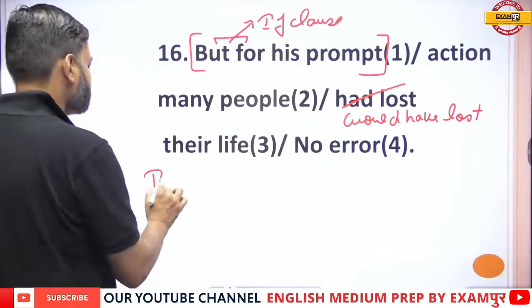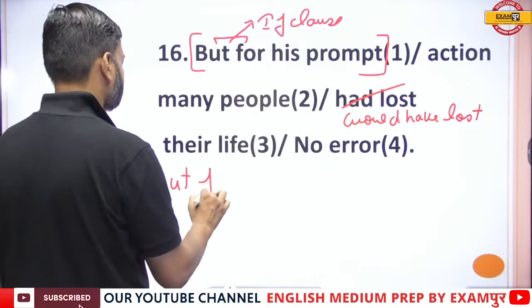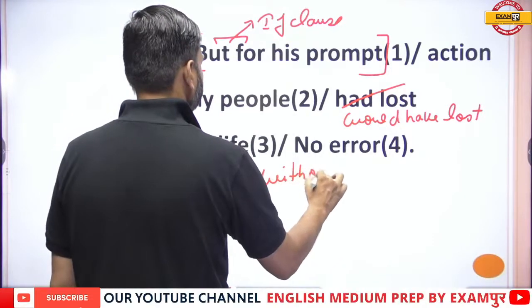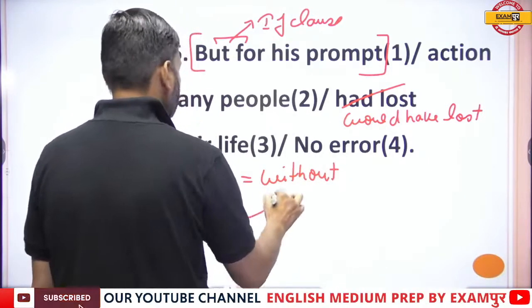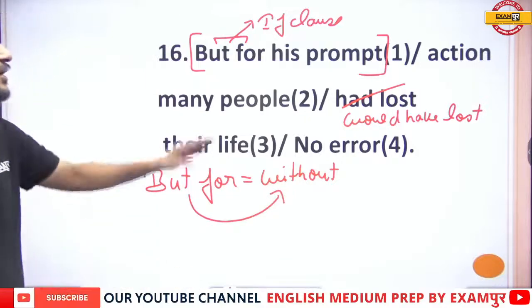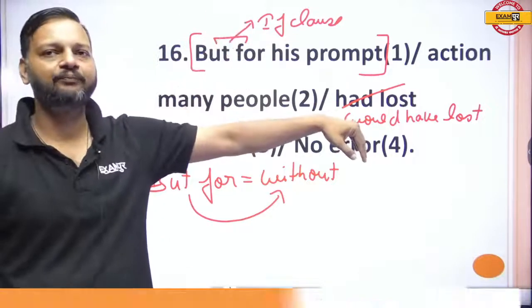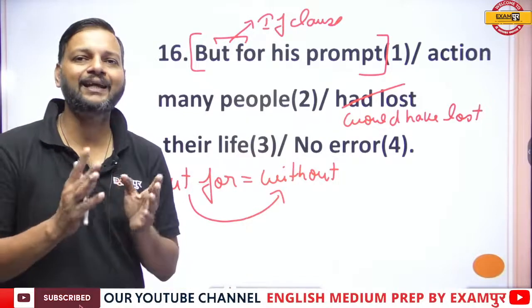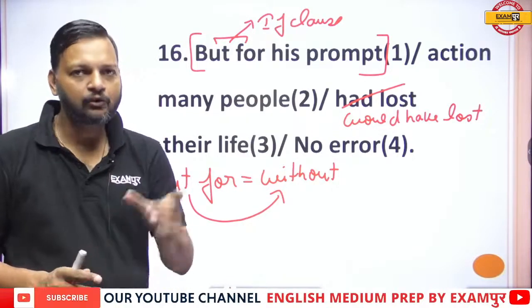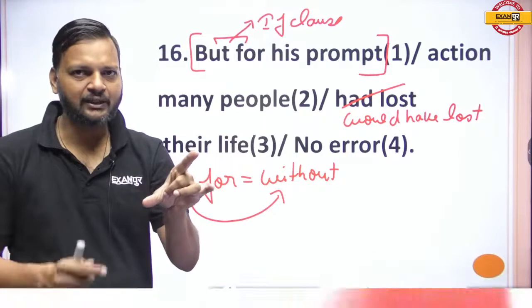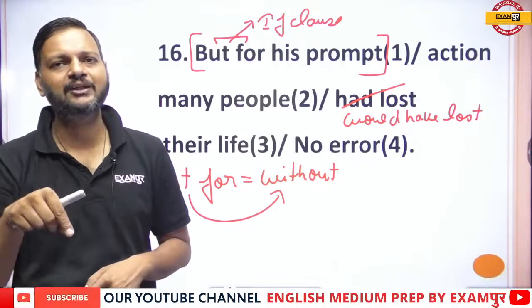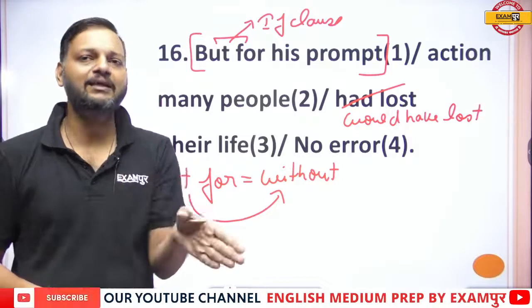But for means without. So the sentence is without his prompt action. It means if he had not taken prompt action.